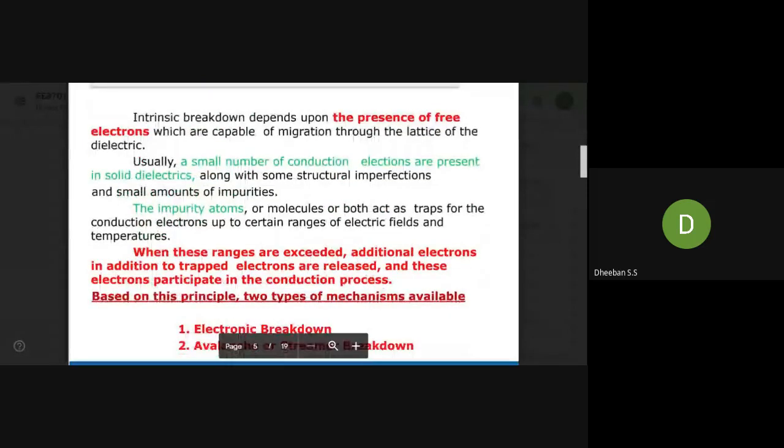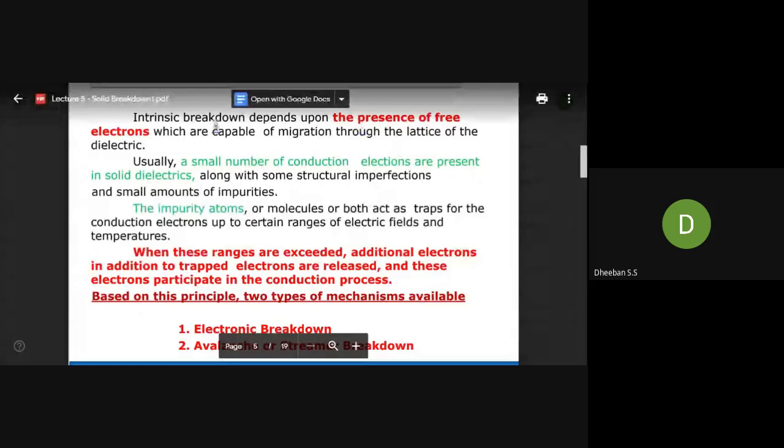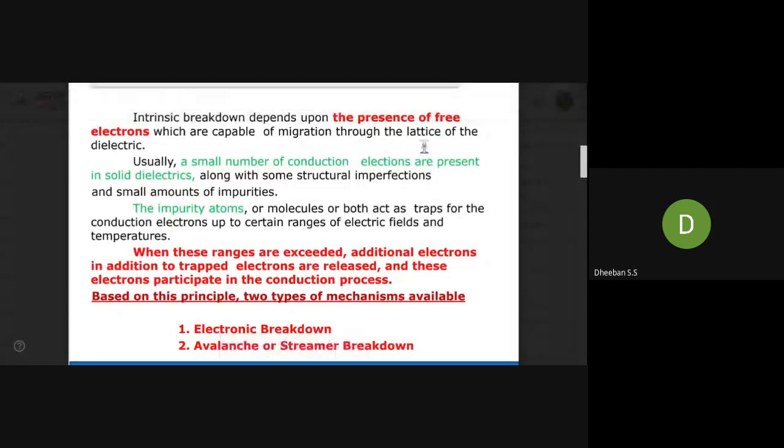We'll be getting into the first part, intrinsic breakdown. What is intrinsic breakdown? It depends upon the presence of free electrons which are capable of migration through the lattice of the dielectric. Lattice, for your understanding, you can just keep it as a valence electron or valence shell. So lattice consists of a valence shell.